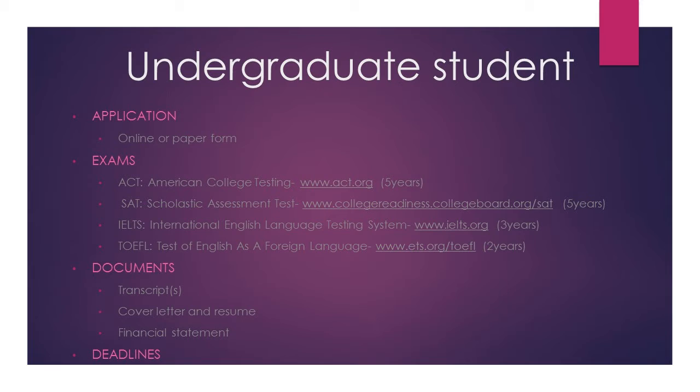Most schools go for online application, and if there's an option for paying the application fee, you can also pay that online. Or if they have an option for paper, you can also do that.